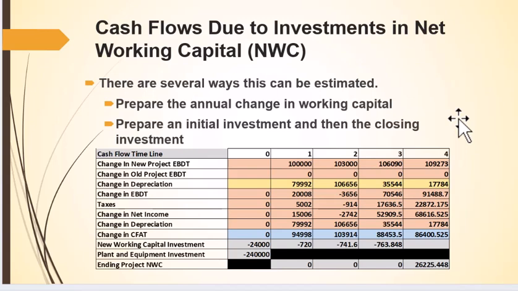Well, it really depends on the project. If working capital is going to be increased and decreased throughout the life of the project, you might want to make those adjustments. However, the simplest form is just to increase working capital at the beginning and then liquidate it at the end. This is what this project does.